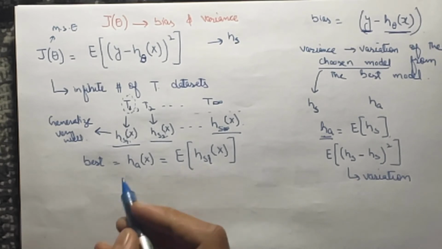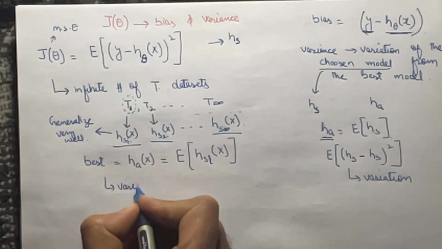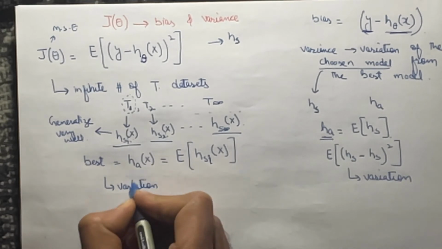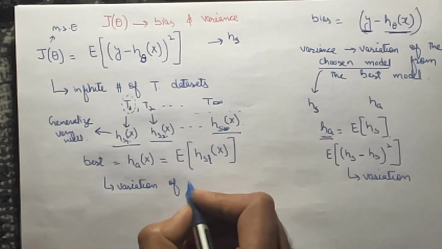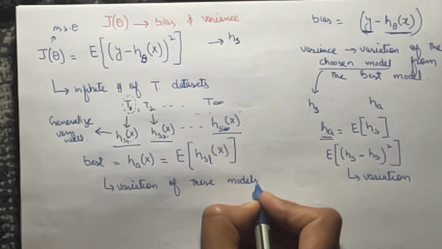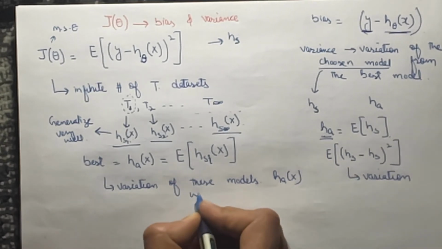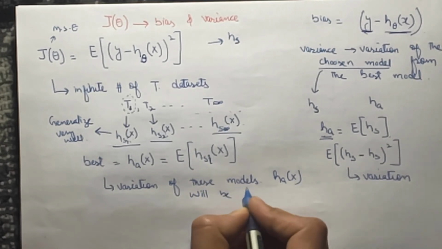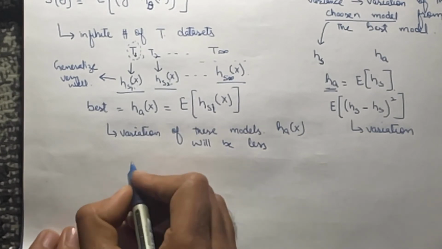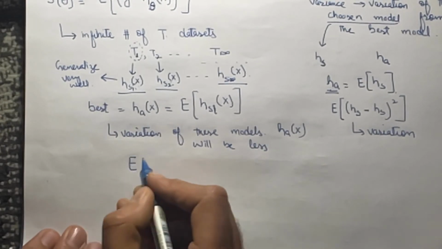In other words, the variation of these models from the best model, or the average model, will be less. And how do we write the variation? Suppose I have to find the variation of x. It is written as the variance, the expectation of x minus mu, whole square.